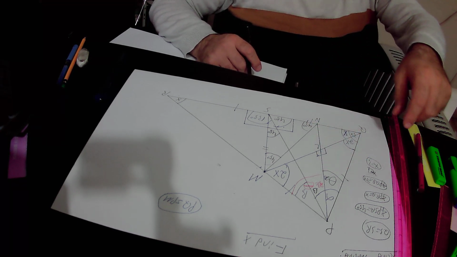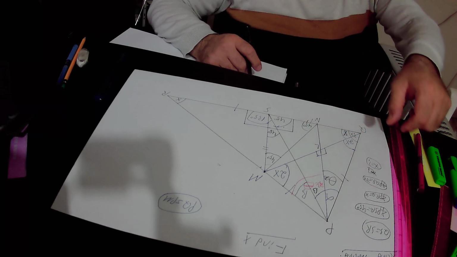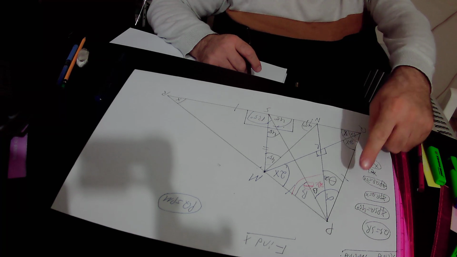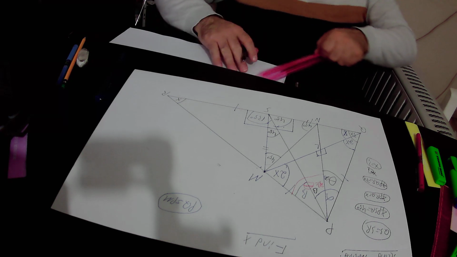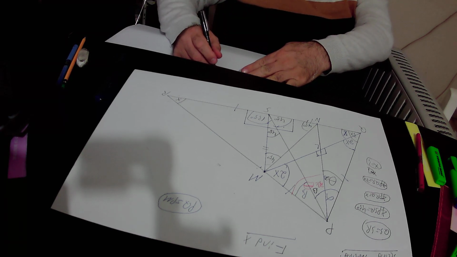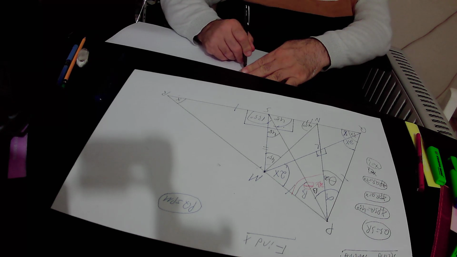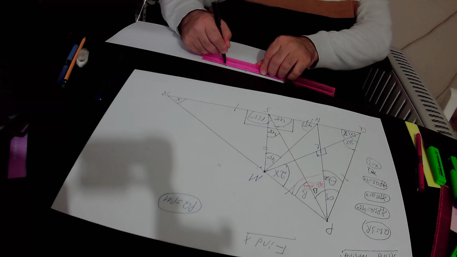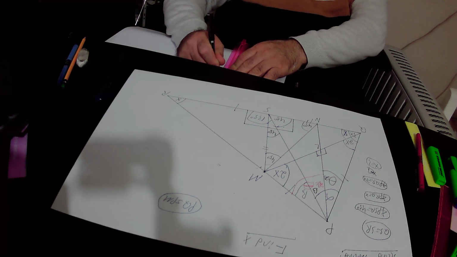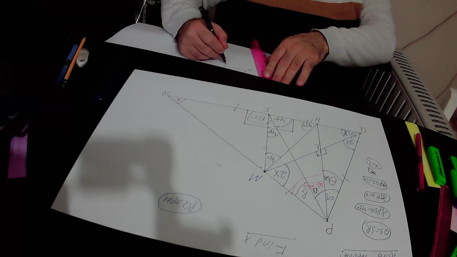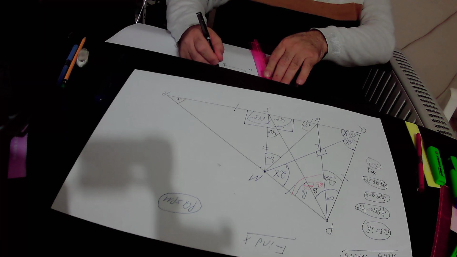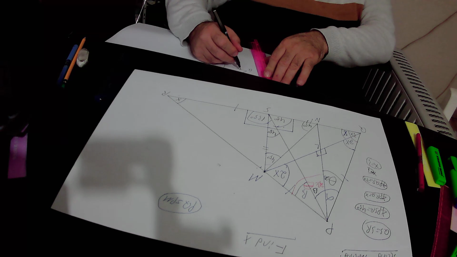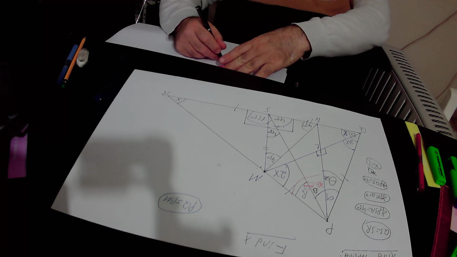I will draw again these two triangles, and we will prove that they are congruent to each other. Triangle PQN congruent to triangle PMN.